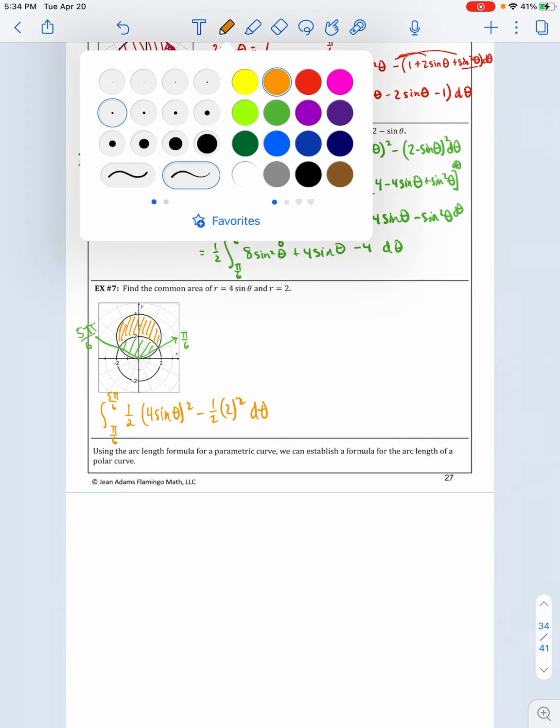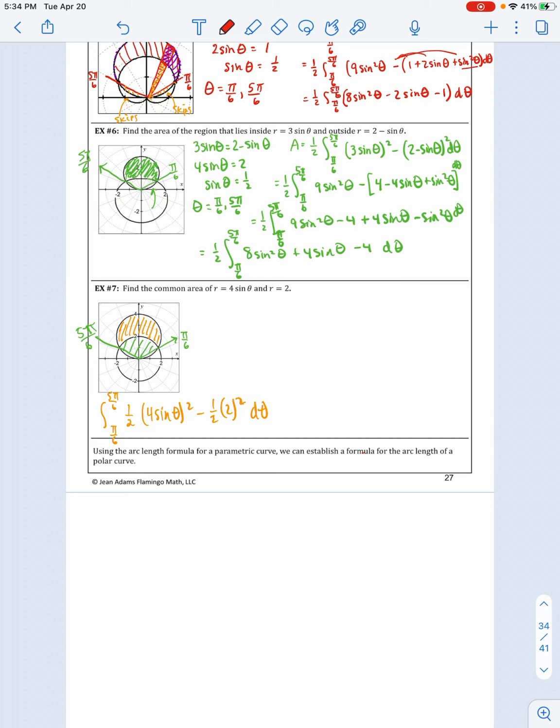And we don't want the orange, but I do want you to realize that these two circles are exactly the same. That means that that orange area is exactly the same as this red area.